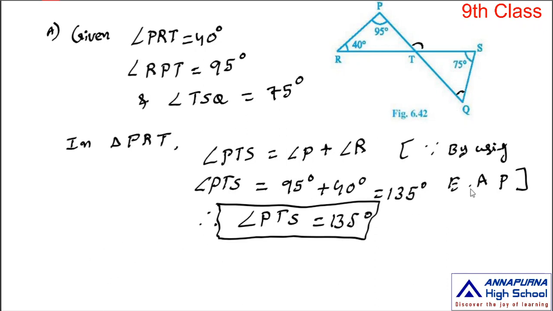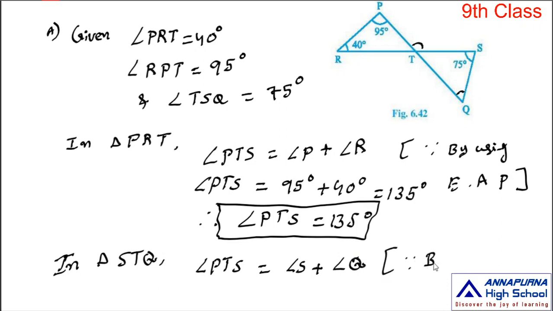Again, by using the exterior angle property in triangle STQ, one exterior angle PTS is equal to the sum of two opposite interior angles, angle S plus angle Q.